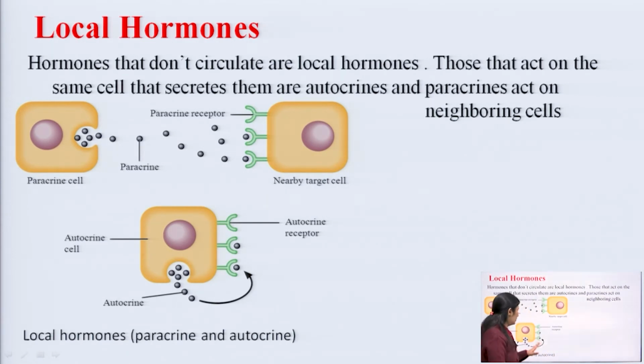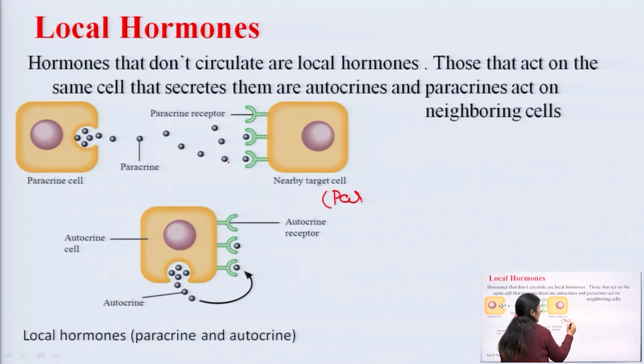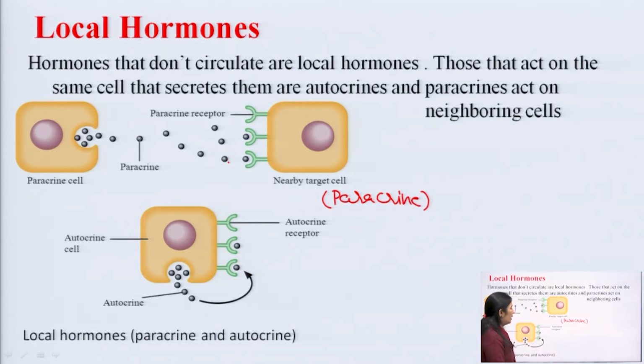Either they act on the same cell from where they are produced, or they act on a nearby target cell. Hormones are released and then go through the interstitial fluid to the nearby cell, and there they produce their action by binding to the receptors on the nearby cell. When they produce action on a nearby cell, they are known as paracrine hormones.